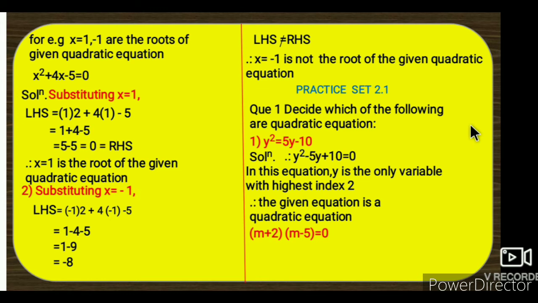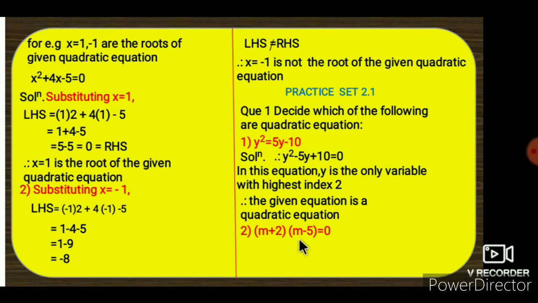Next example is m plus 2 into m minus 5 is equal to 0. First solve these two brackets, that is multiplication of binomial by binomial.